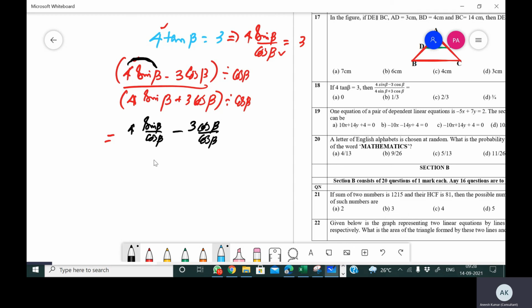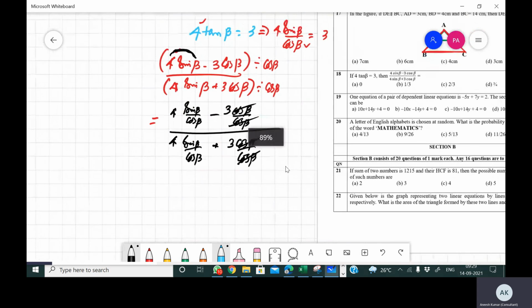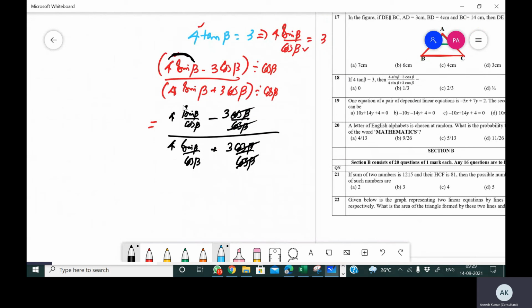The same thing you do in the denominator also: 4 sine beta by cos beta plus 3 cos beta by cos beta. So cos beta gets cancelled in the second term of both numerator and denominator. In the first term, you are getting sine beta by cos beta. And you know what is the value of 4 sine beta by cos beta? Its value is here. It is 3. So you can directly write the answer for this first portion is completely 3.